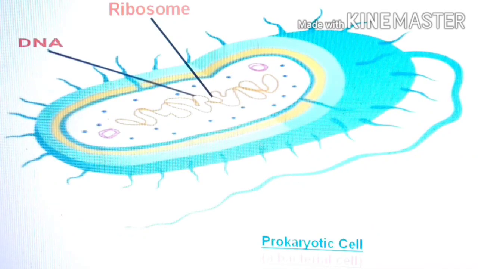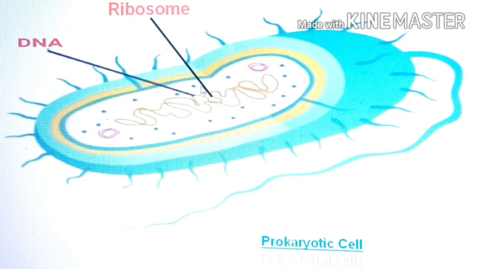Here you are seeing a prokaryotic cell, and it is a bacterial cell. In that cell you are seeing the DNA that is spread in the bacterial cell. The nuclear material is spread in the bacterial cell. It is not bounded in any envelope. It does not have membrane-bound cell organelles.